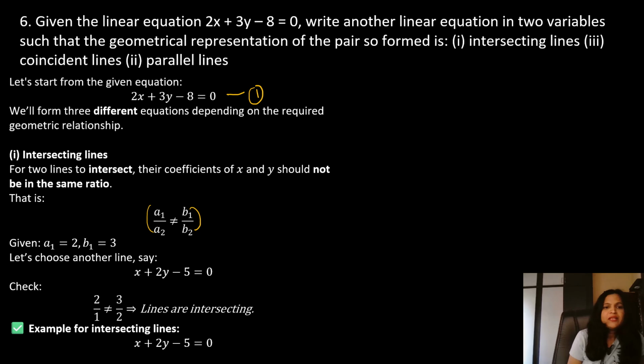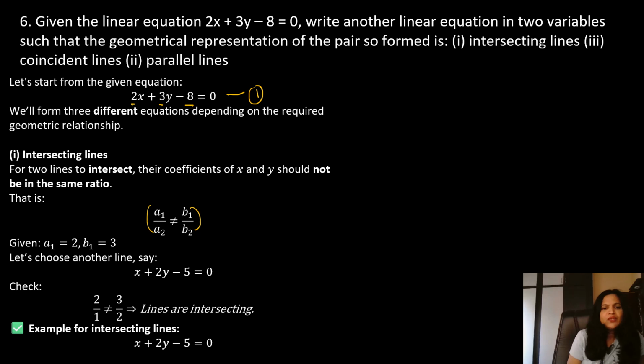Given a1 is 2, b1 is 3, c1 is minus 8, c1 is not required here. Let's choose another line, say x plus 2y minus 5 is equal to 0.